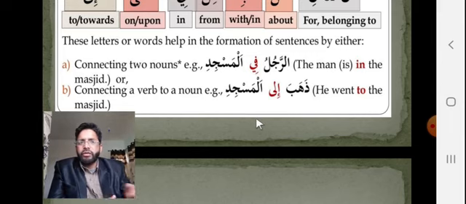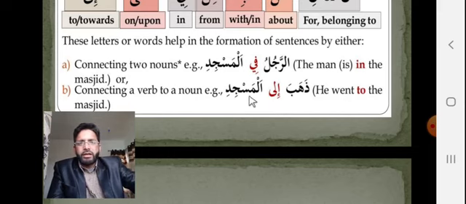Dhahaba ila al-masjid, he went to the mosque. Dhahabtu ila al-masjid, I went to the mosque. Dhahabtu is a verb, masjid is a noun. So here ila connected the verb and the noun.